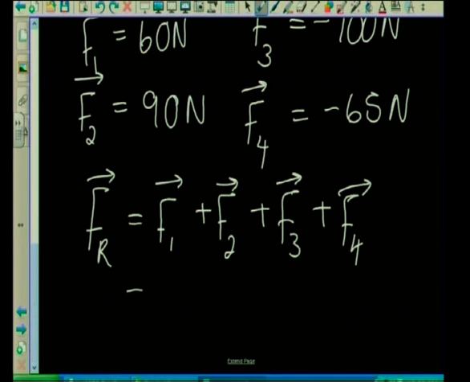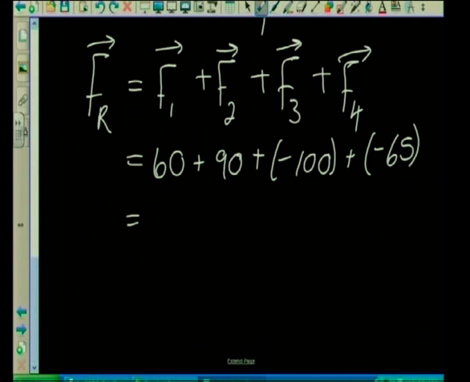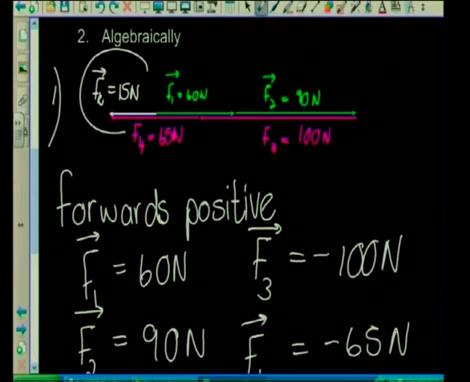So I have 60 plus 90 plus minus 100 plus minus 65, and you do this on your calculator, and you get minus 15. Hang on, look at that. We got 15 going backwards.